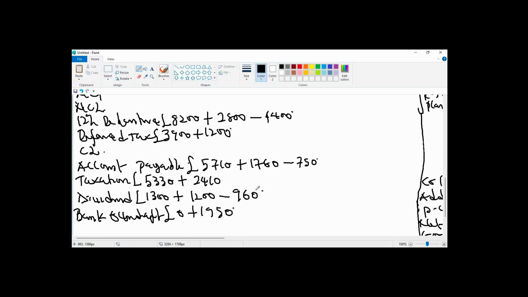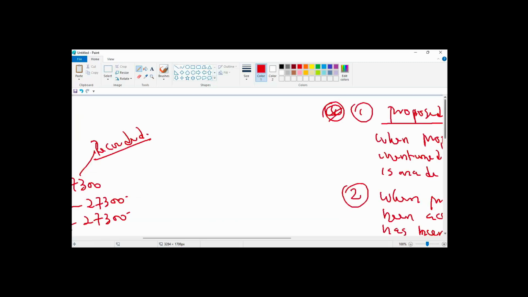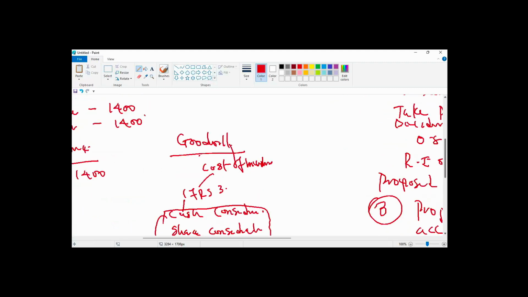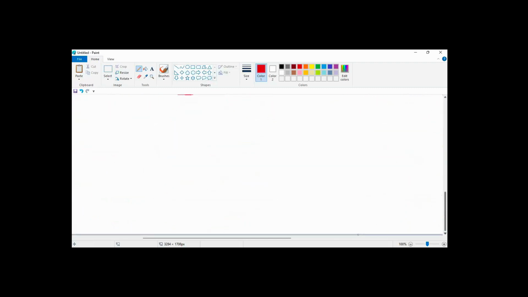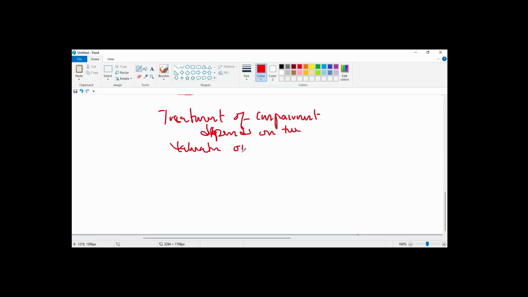But don't forget the treatment of impairments depends on the valuation of NCI.